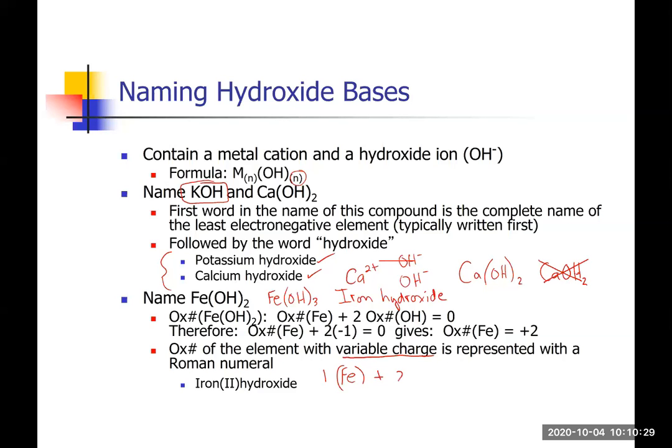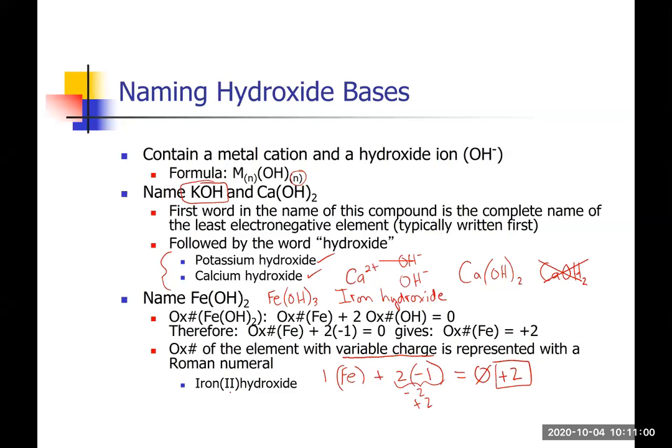We just say we have two OH minus, and each one of them has that -1 charge. Because the compound is neutral, we set this equal to 0. So we have -2 with this. We're going to add that to both sides, and we see that the oxidation state of the iron is then +2.